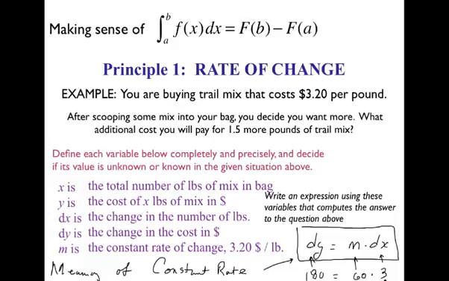The additional amount you pay would be $22.50. Okay, that's constant rate of change. The additional cost you would pay would be 2.25 times however many gallons you buy. So this is crucial. All right, this is our bedrock of rate of change, constant rate of change.